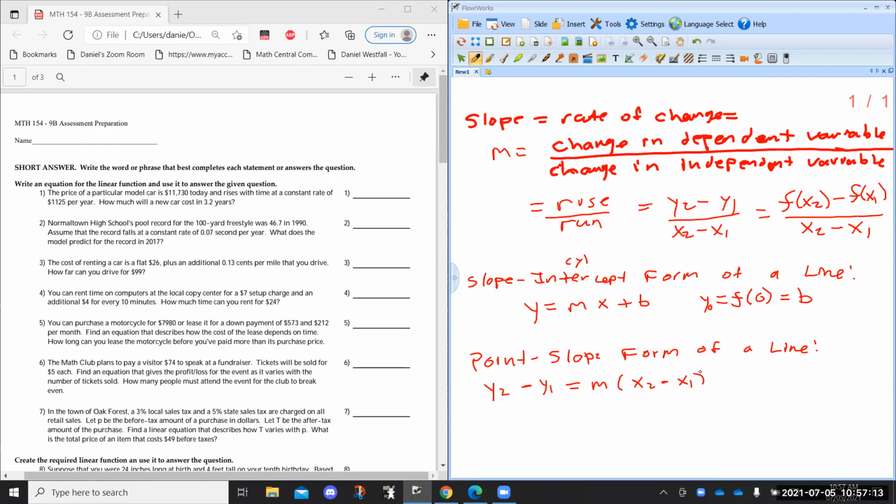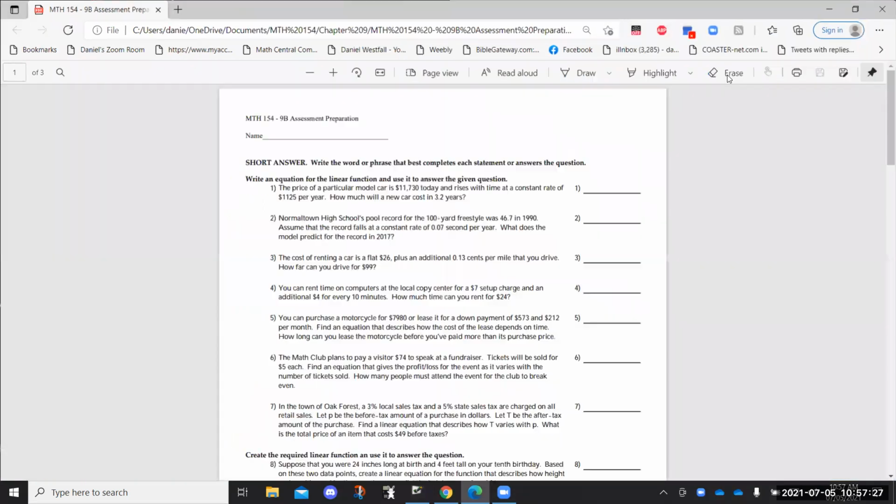Let's come on over to my PDF now, and I'm going to make this bigger so that I can draw on it. The price of a particular car model is $11,730 today and rises with time at a constant rate of $1,125 a year. It's important that we're rising at a constant rate.